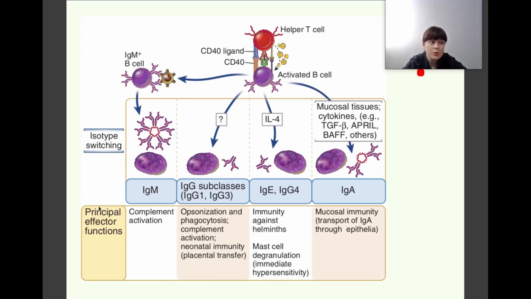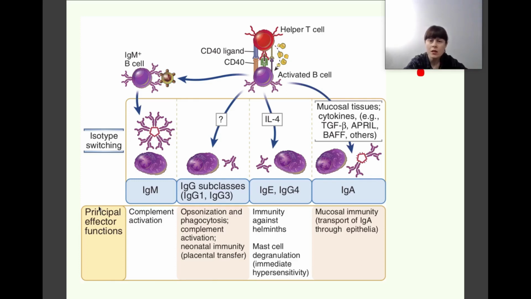In the case of immunoglobulin A, this is about mucosal immunity, because through the epithelia we have the largest amount of secretory immunoglobulin A. So you see, this is a unique mechanism for each immunoglobulin, but they are all based on specific immunity.